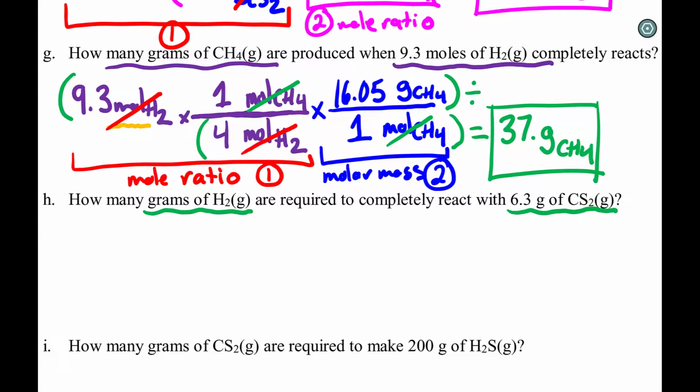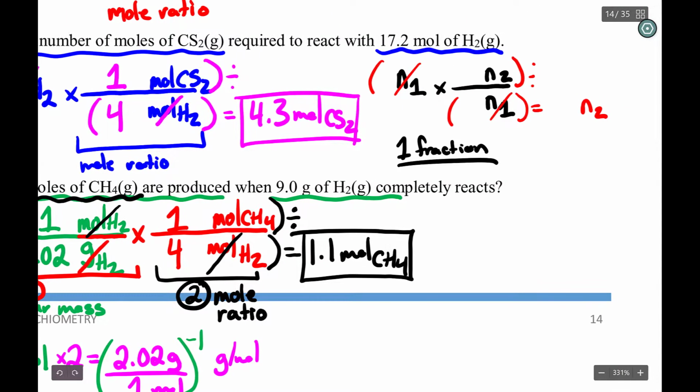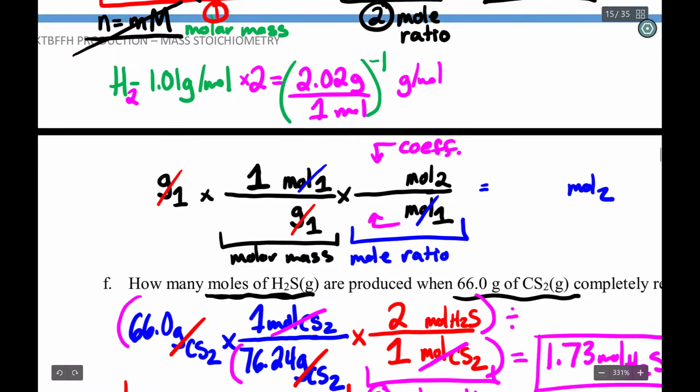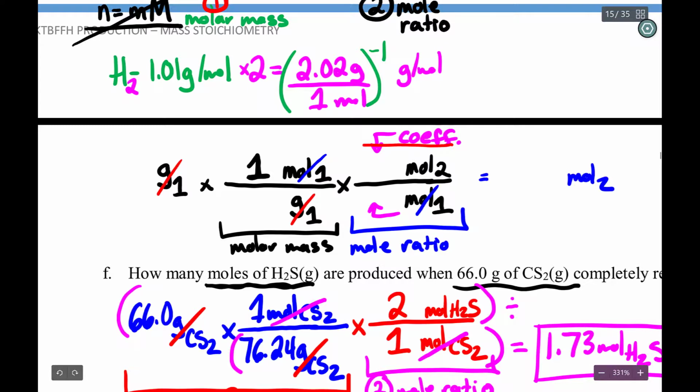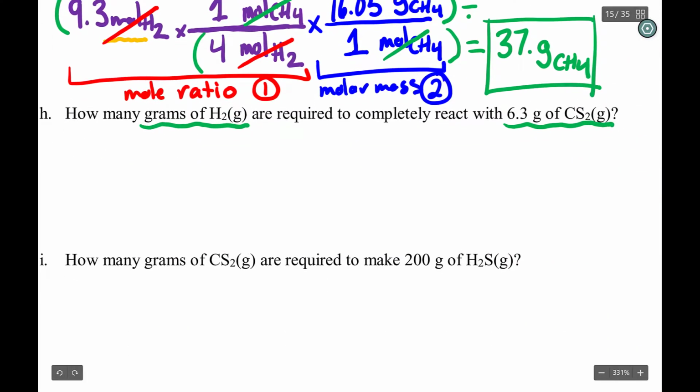So, as a quick review, when I have moles and moles, it only requires 1 fraction. When I have grams converting to moles, it requires 2 fractions. And now in this harder one, we are going to be going from grams to grams, which will require 3 fractions. Let's start with the number we're given and work our way through.